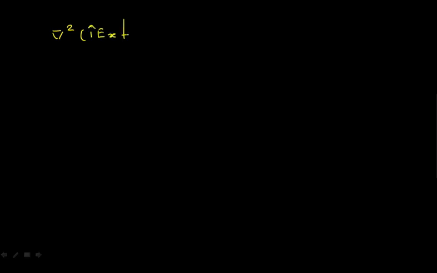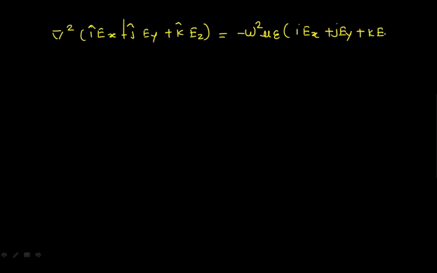(iEx + jEy + kEz) is equal to minus omega square mu epsilon (iEx + jEy + kEz). So this is i, this is j, and this is k. Now what are i, j, and k?